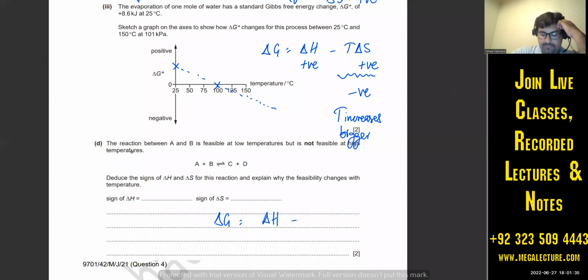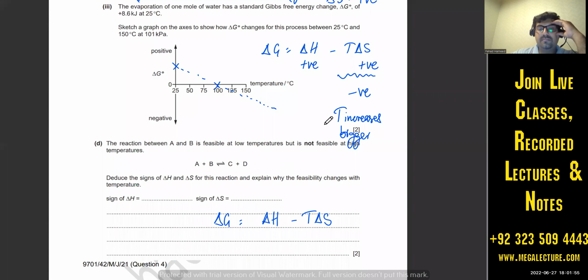So I've got minus T delta S, just a second. Then I've got delta H and minus T delta S.